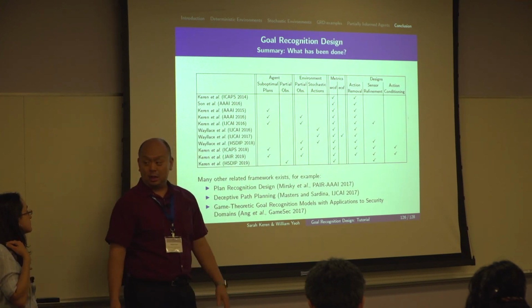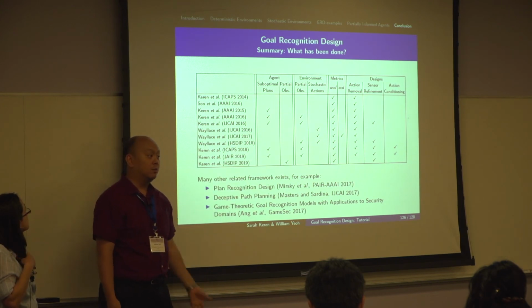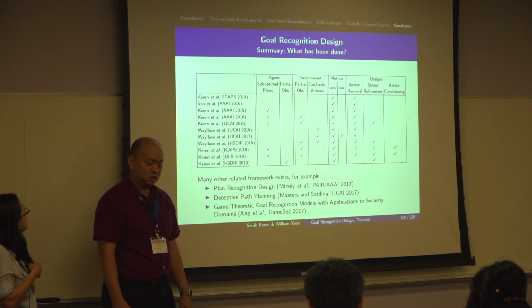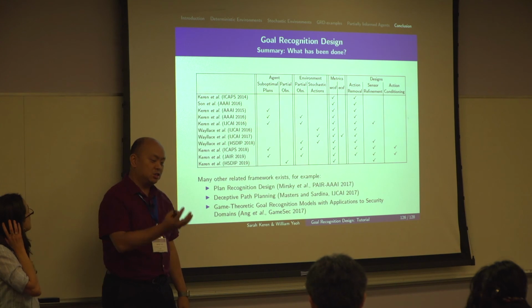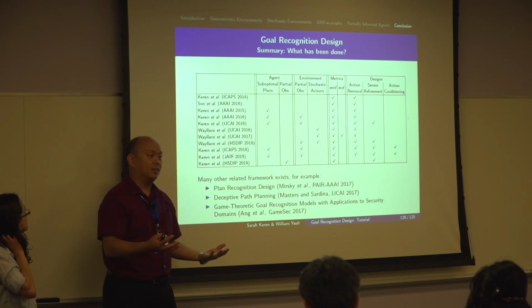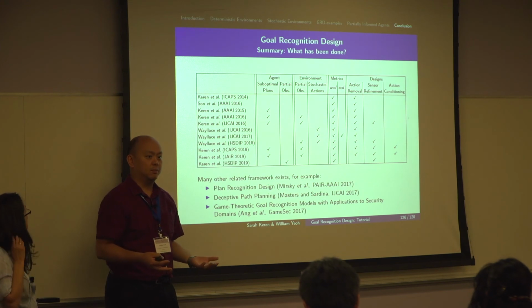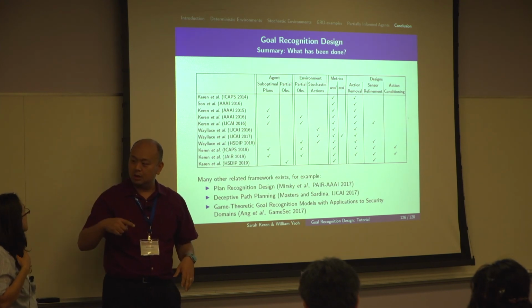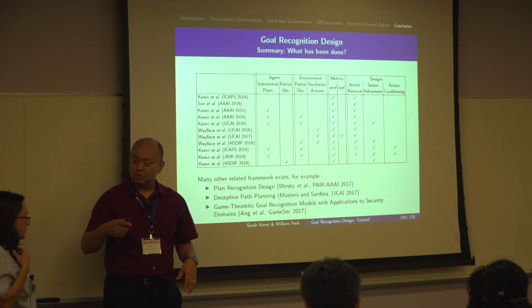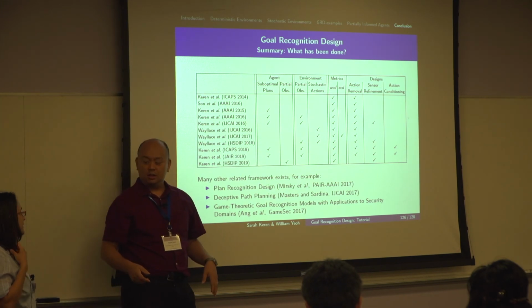Another thought, I guess, is that almost all of this work over here assumes that the agent doesn't really care that its actions are revealing information, right? I forgot what the three types of agents are. Agnostic, adversarial. Right. Yeah.